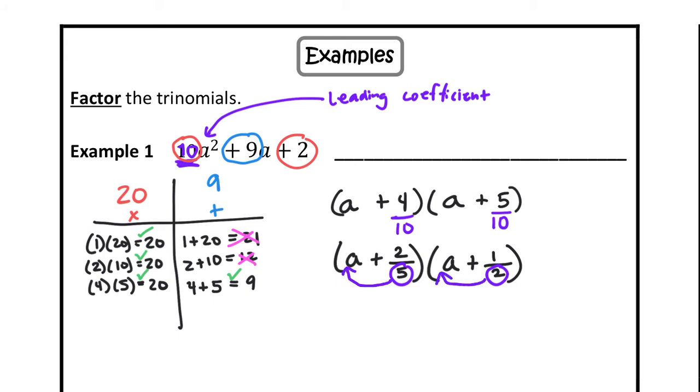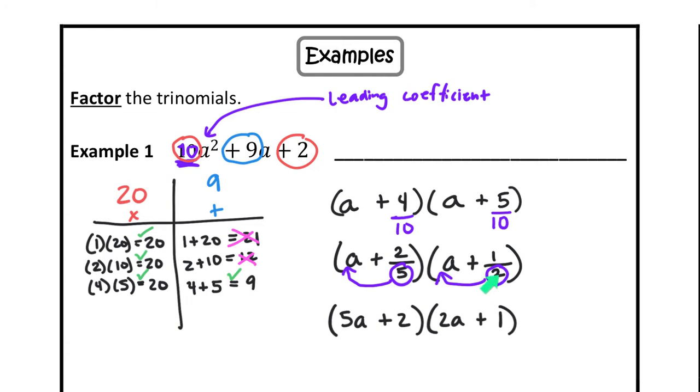So the resulting parentheses is going to be 5a plus 2 and 2a plus 1. Because notice I moved the 5 to the front of a, so it's going to be 5a plus the 2 stayed there.